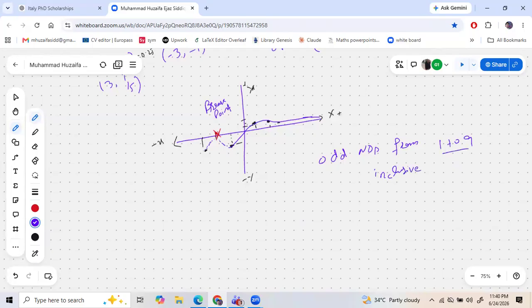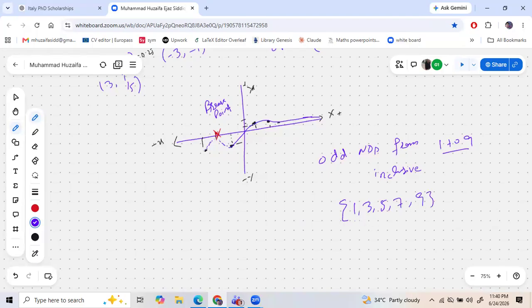So from 1 to 9 odd numbers, basically he wants to ask you about the domain and range. Now our question is bounding. Here the examiner bound us from 1 to 9 using the odd numbers. So I'm just writing 1, 3, 5, 7 and 9.